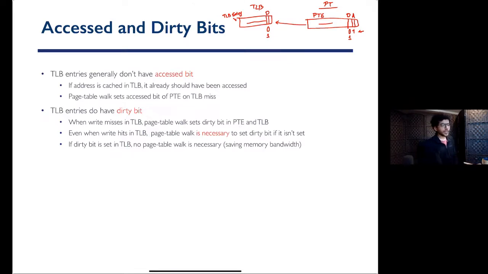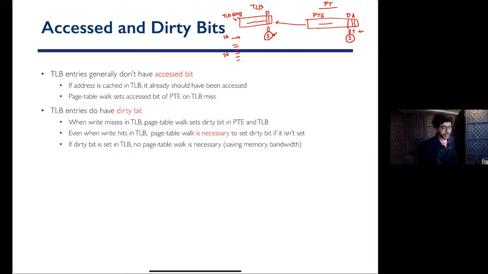Now, consequent writes. So this is the first time I'm doing a store. Now let's say I keep doing a store to this page. I do a lot of stores to this page. When hardware sees this 1 set in the TLB, it knows that the corresponding dirty bit in the page table is also set to 1. So it doesn't need to go to the page table and set it to 1 again.